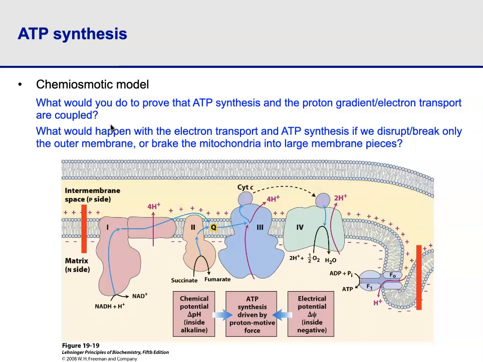The connection between the electron transport from complex 1 to 4, or from complex 2 to 4, and ATP synthesis is the proton gradient. So we need to see how that gradient truly connects the two processes, ATP synthesis and electron transport.